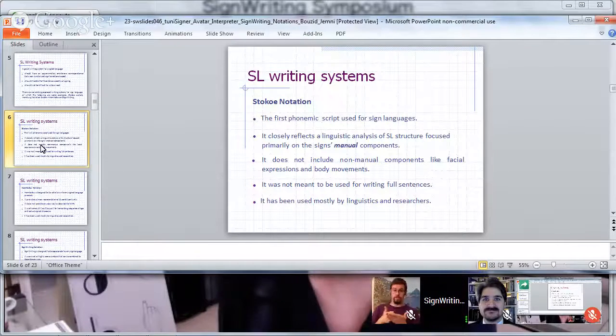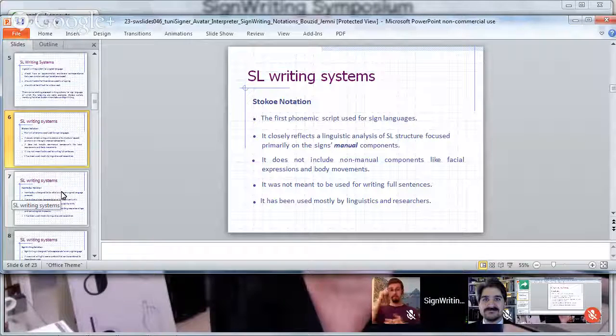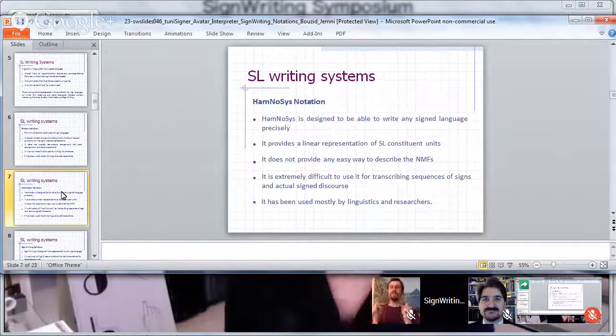It does not include non-manual components like facial expressions and body movements. It was not meant to be used for writing full sentences. It has been used mostly by linguists and researchers. Next slide, please.